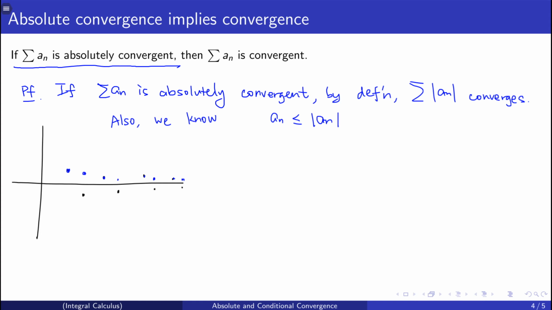If a_n is positive, then a_n is equal to the absolute value of a_n. But if a_n is negative, then the absolute value is greater, because the absolute value is positive. But I also have a lower bound for a_n. It's the negative of the absolute value, its counterpart down here.